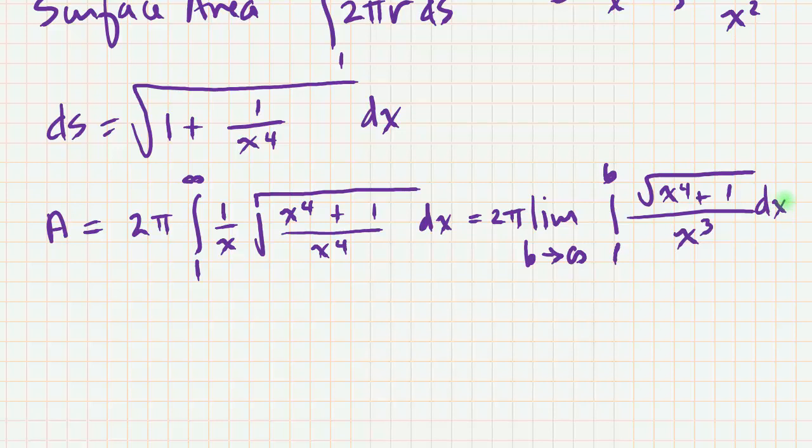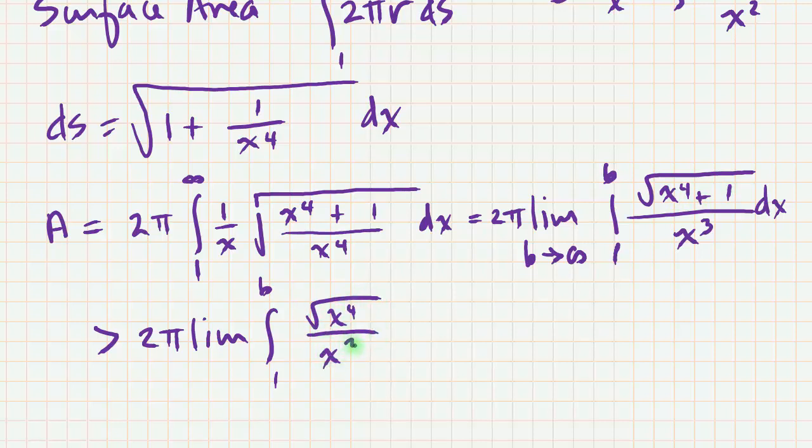All right, now we have to be a little clever here. That integral is not easily evaluated, but what we can do is say this. We can say that that integral is going to be very closely related to the following integral. In fact, it is going to be greater than the following integral. If we replace in the numerator x to the 4th plus 1 with just x to the 4th, we will have that.